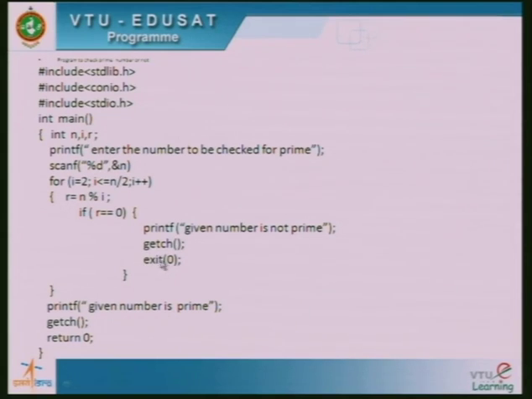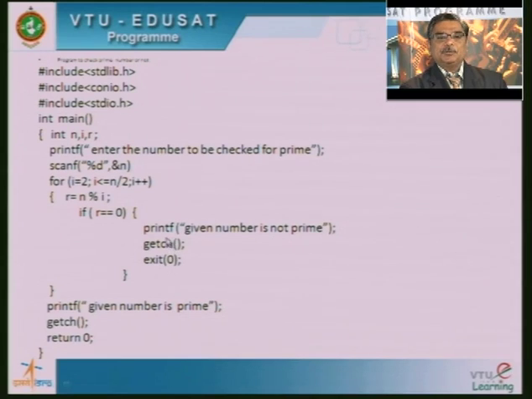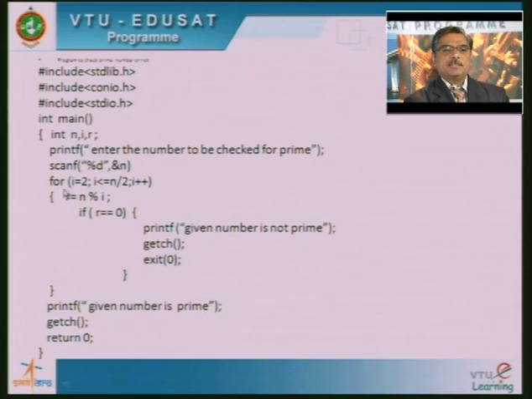This is a built-in function available in the C language to take the control outside the program. When you introduce this statement exit 0, you should include its prototype, that is stdlib.h. This is the standard library available in C programming, just similar to stdio.h, which is required so that printf and scanf statements work.